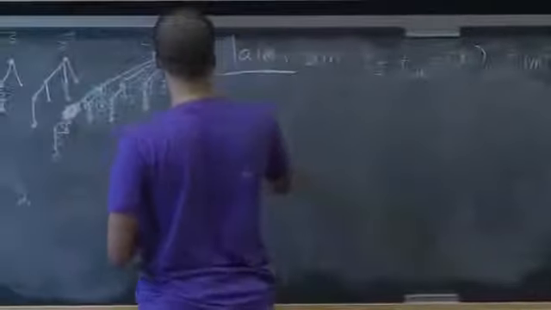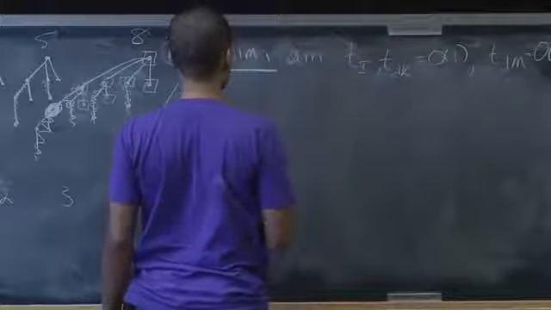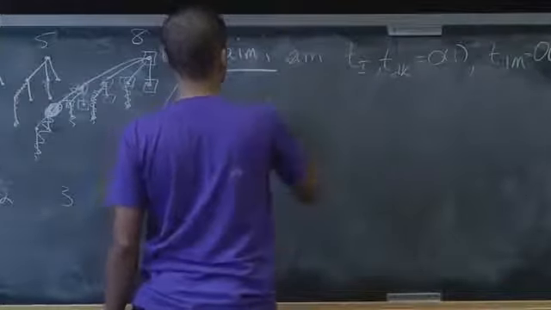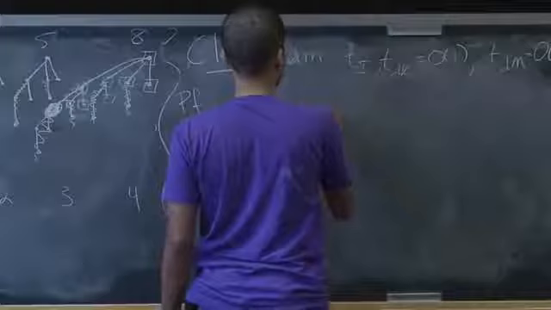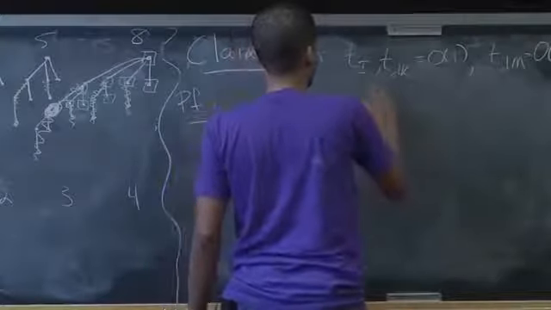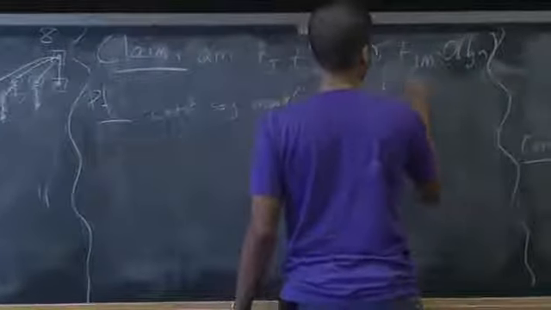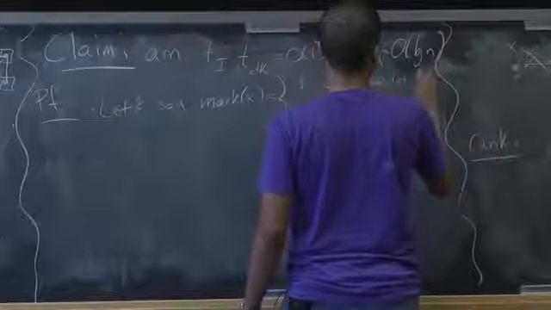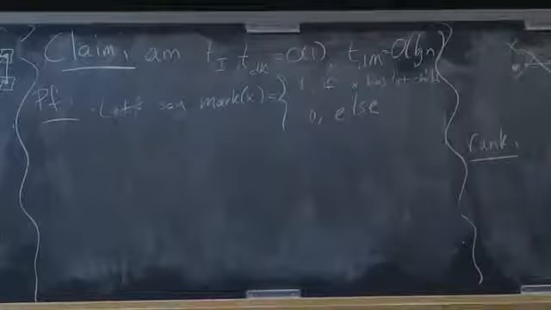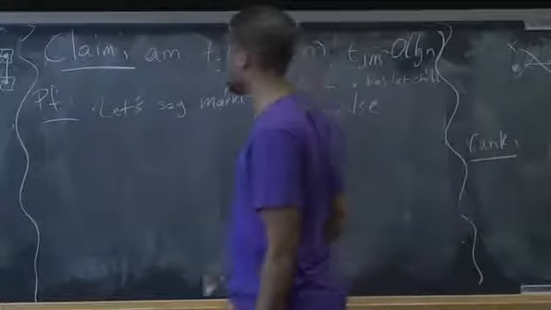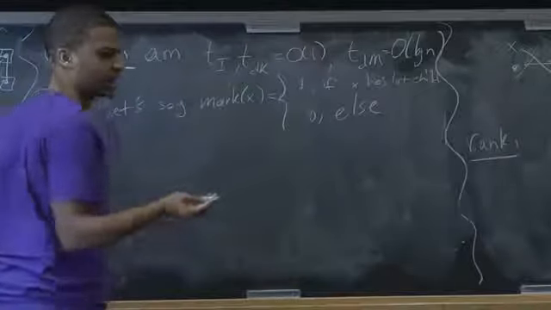Okay, great. So proof. So first of all, just some notation. So let's say mark of x is 1 if x has lost a child and 0 otherwise. Then I'm going to define a potential function.